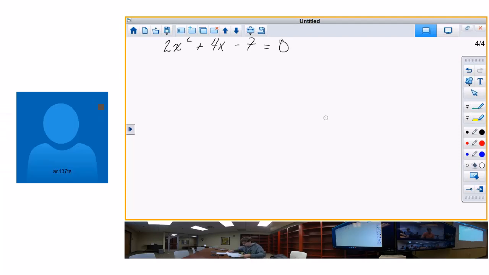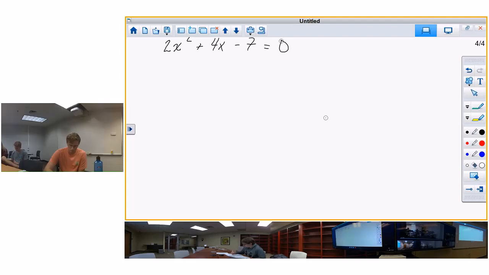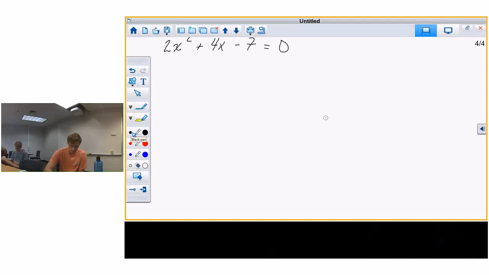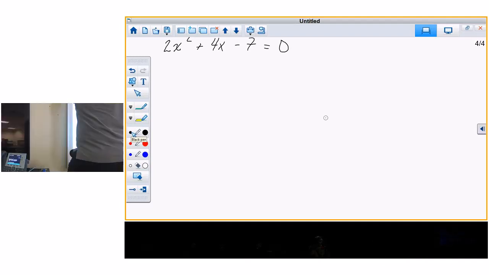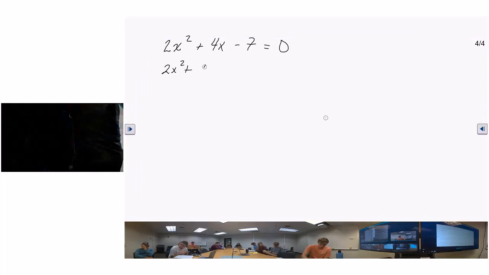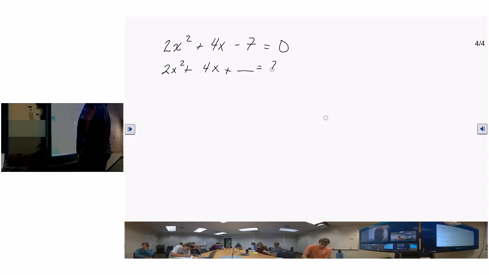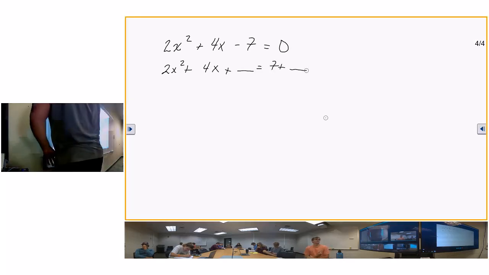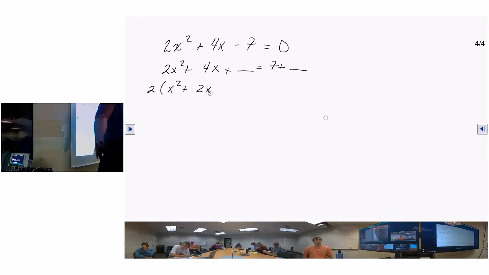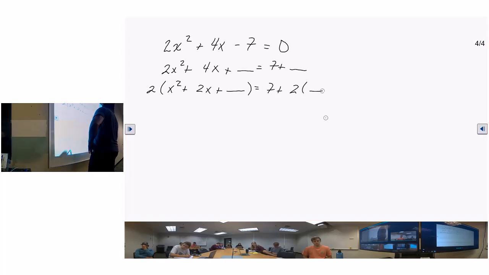All right. So, I'm going to factor out a 2. I'm going to move first. 2x squared plus 4x plus blank is equal to 7 plus blank. Factor out a 2. That's going to give me x squared plus 2x plus blank is equal to 7 plus 2 times blank.